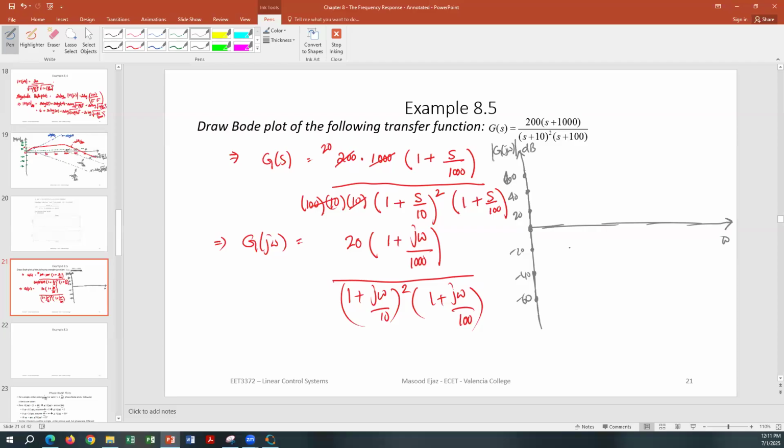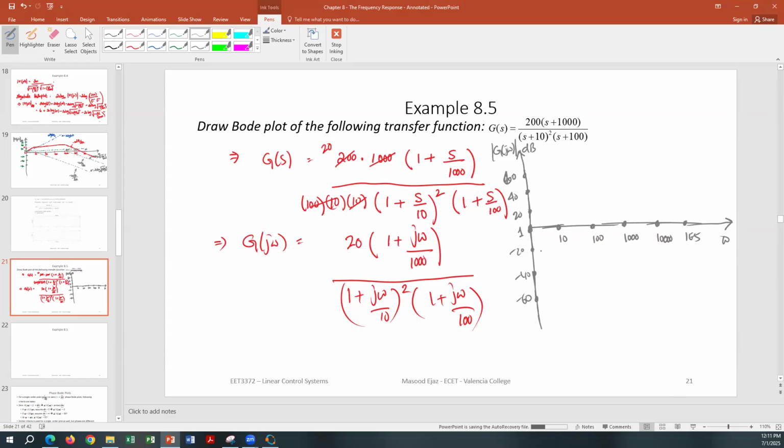And let's start at, so we have 1000, 10, and 100. We can start at 1, then 10, 100, 1000, 10,000, 100,000, and so on and so forth.